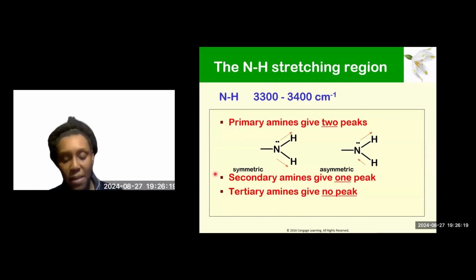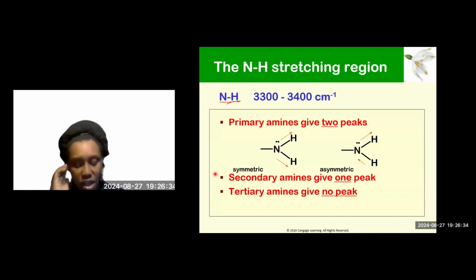So let's talk about amines in terms of spectroscopy a little deeper. The NH bond in amines is going to give a peak for every one that is present, again between 3,300 and 3,500 per centimeter.